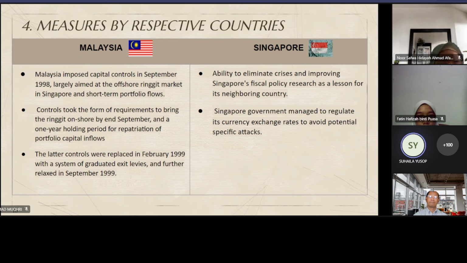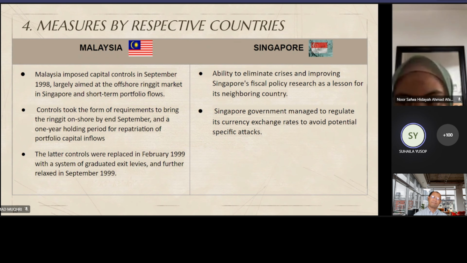Although the region's close relationships and economic dependence remained negative for its economy, overall its ability to eliminate crisis is widely watched and Singapore's fiscal policy is studied as a lesson for its neighboring countries. And as an independent country, the Singapore government managed to regulate its currency exchange rate to avoid potential speculative attack.